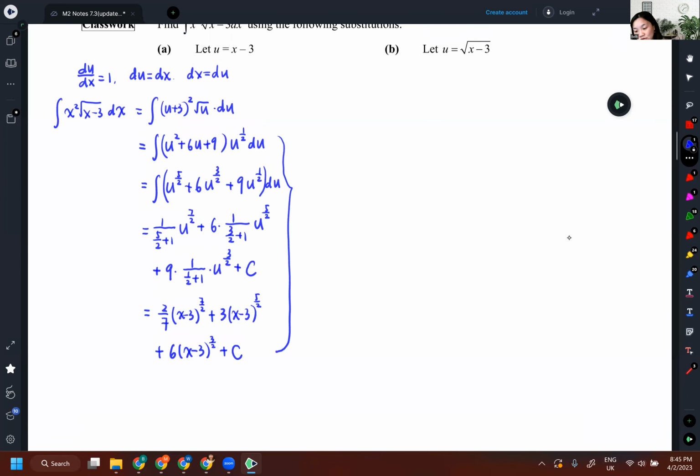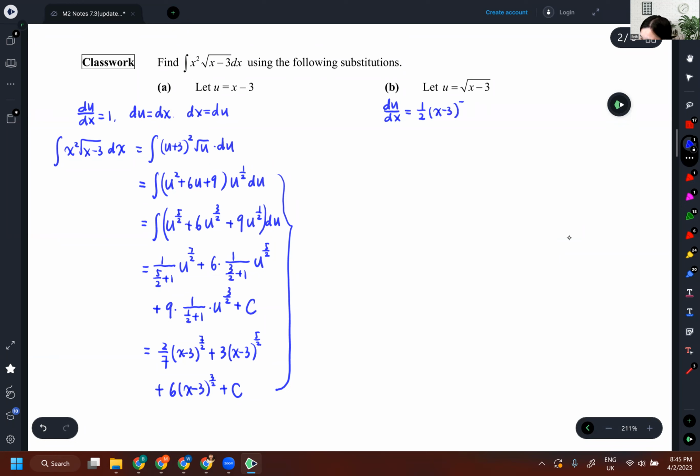Second substitution. Now second substitution, I have to again do du/dx. So du/dx equals 1 over 2 times (x minus 3) to the power negative 1 over 2. Therefore, du equals 1 over 2 times this dx.